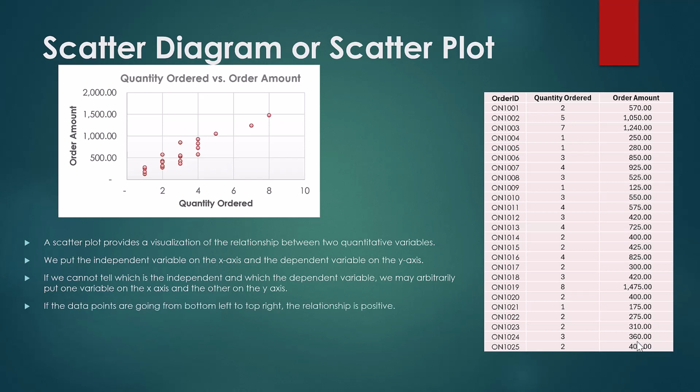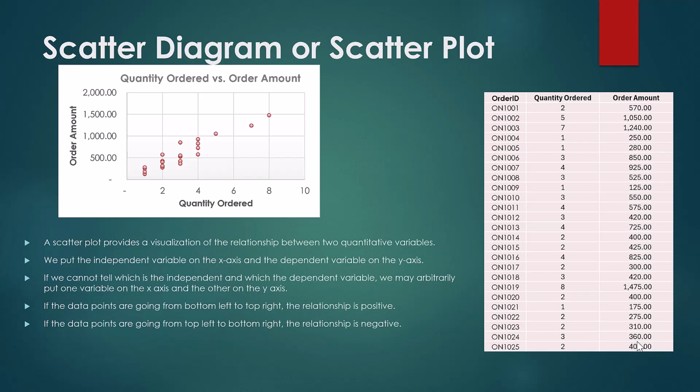Now, on a scatter plot, if the data points, which here are shown in red, are going from bottom left to top right, which is the case in this picture, the relationship is positive. Why? Because if the value on the x-axis is increasing, the value on the y-axis is also increasing, and that's a positive relationship. Now, if the data points are going from top left to bottom right, the relationship is negative.